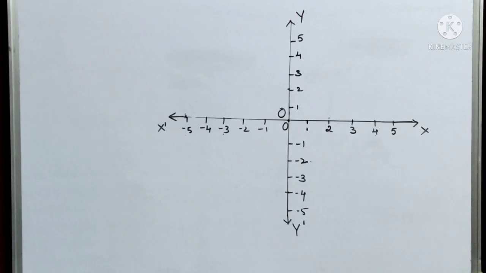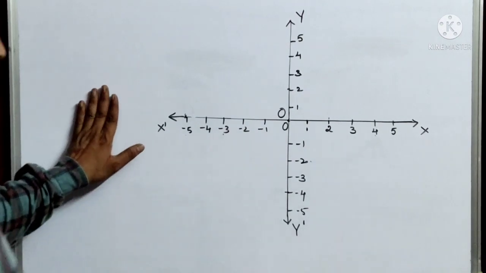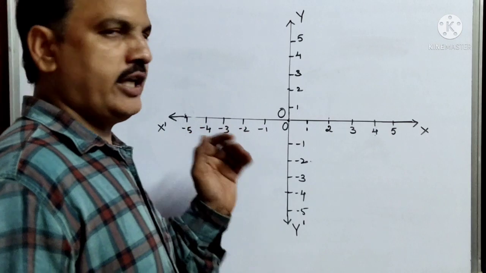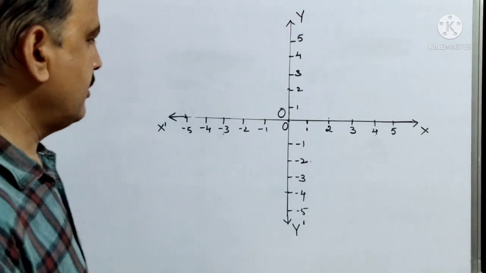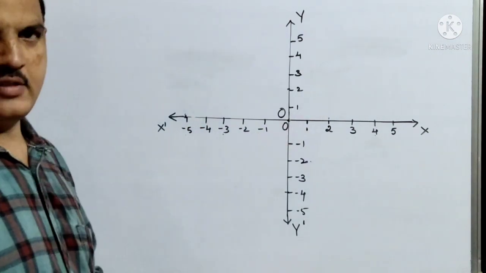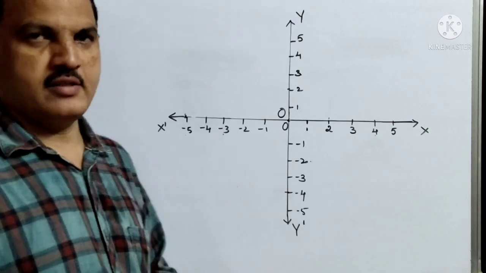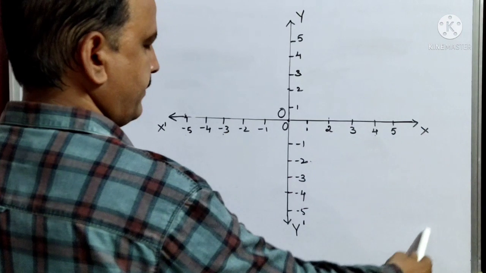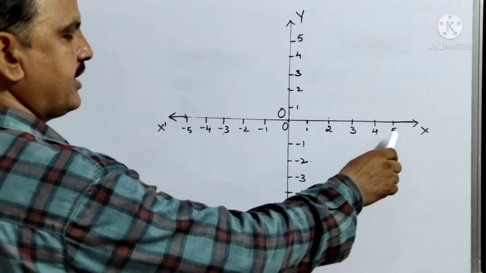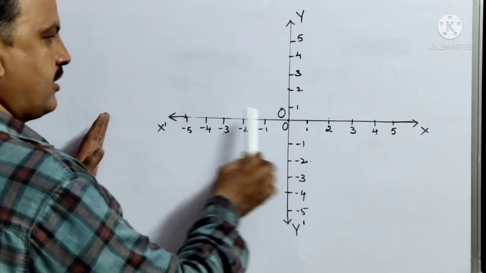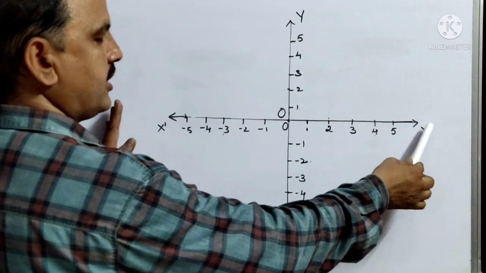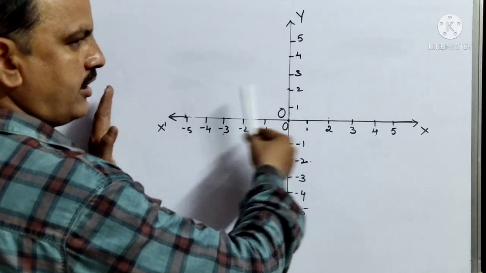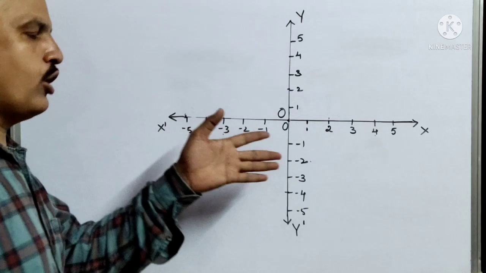Okay children, now take a graph paper and draw 4 quadrants. Draw 4 quadrants like this. Suppose this is our graph book, exactly at the center. How many squares it comes, no problem. If you start from 0, either the left side and right side equal, if not also no problem.